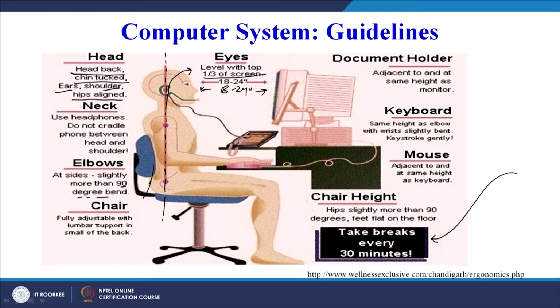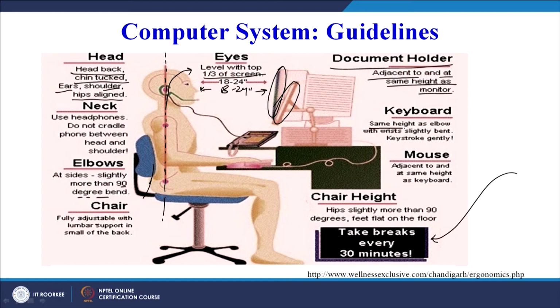Document holder, where we have to place the documents which the operator is going to look at, adjacent to and at the same height as the monitor. So this is the monitor here, and this is the document holder. They must be at the same height.